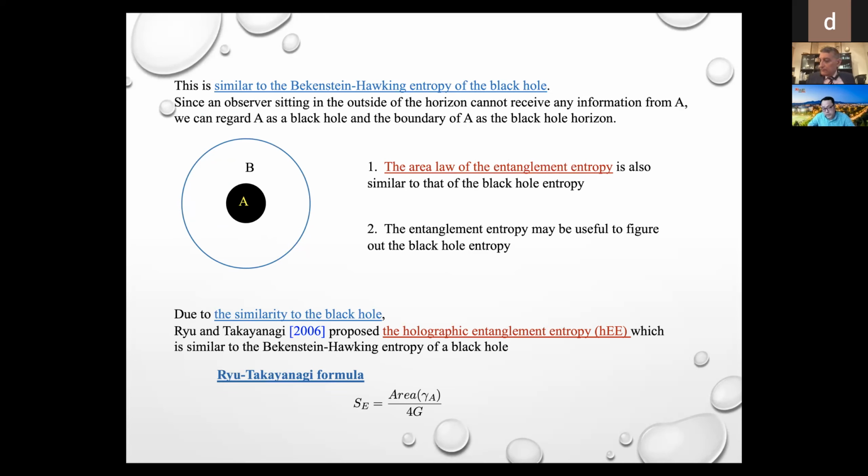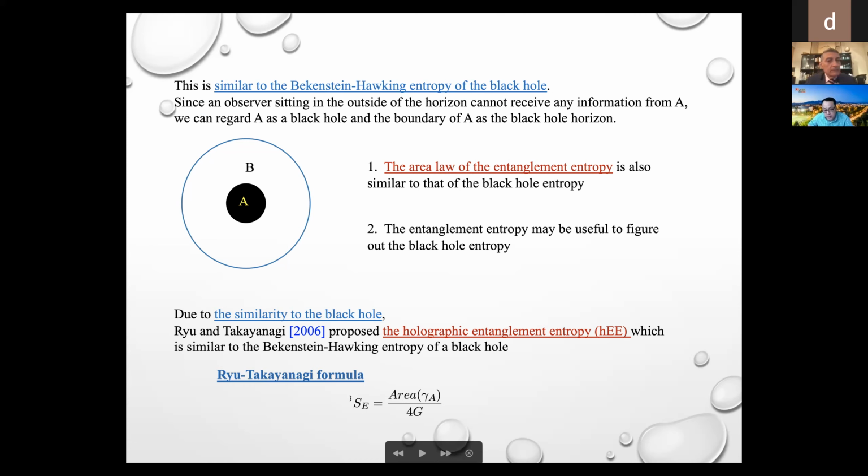Because of this similarity, some people try to understand the black hole entropy in terms of entanglement entropy. Additionally, Ryu and Takayanagi proposed a new formula to calculate the entanglement entropy in the holographic setup. That is the Ryu-Takayanagi formula.